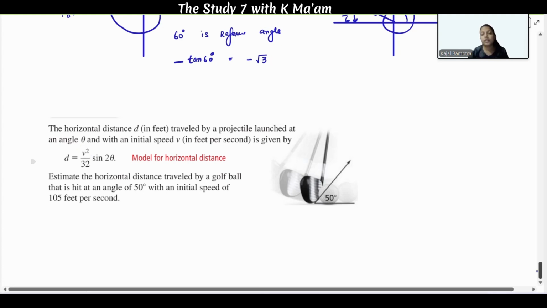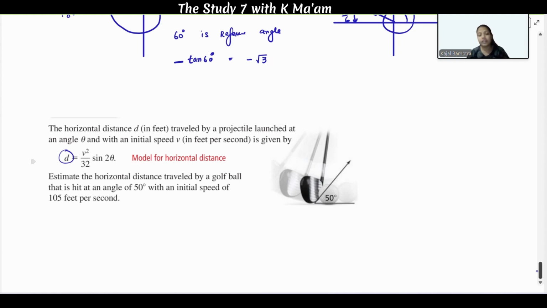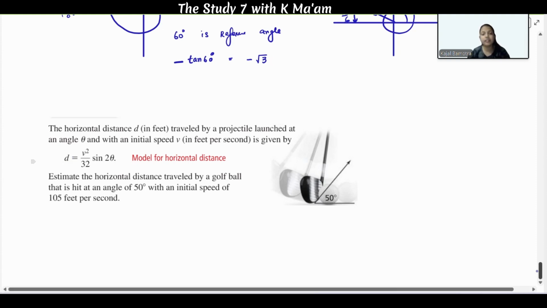Estimate the horizontal distance traveled by the golf ball. We have to find the distance. That means we are looking for the d value. What is the d value in this case? The ball is hit at an angle of 50 degrees. So theta is 50 degrees, and the initial speed, small v, is 105 feet per second.